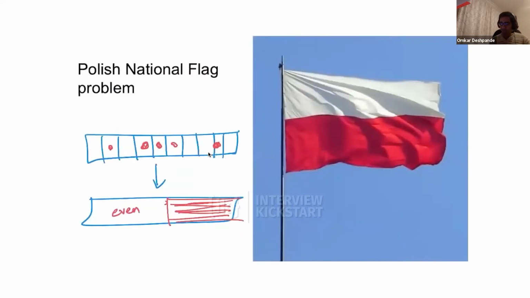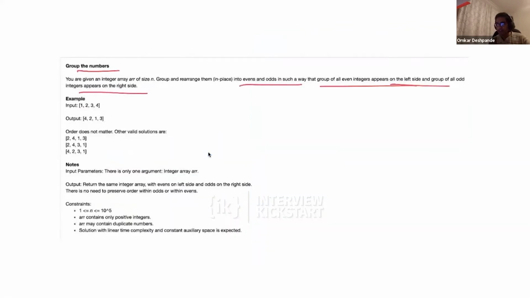So evens here, even numbers here, and all the odd numbers here. That's the task. And you need to do it in a way that, have they mentioned it here? Okay, they haven't mentioned it here, but yeah, they have actually, the last line.